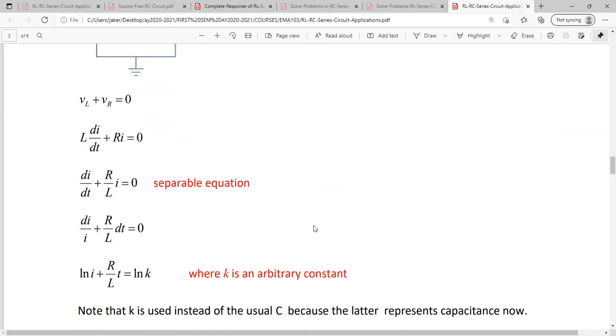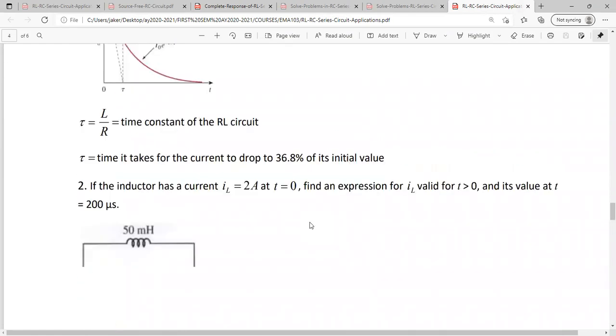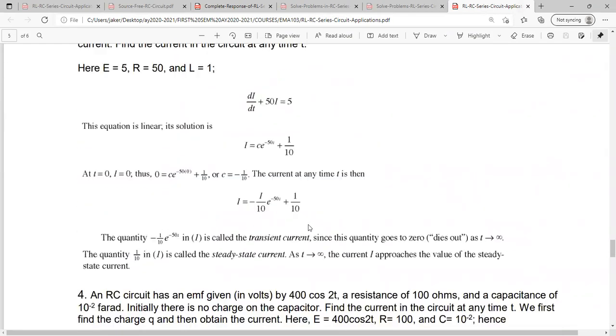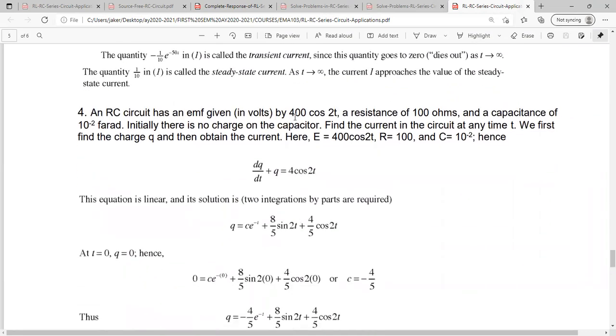Now, in that model DE, I need to substitute the values that are given in the problem. So I have the EMF, and I'd like to write 400 cosine 2t.